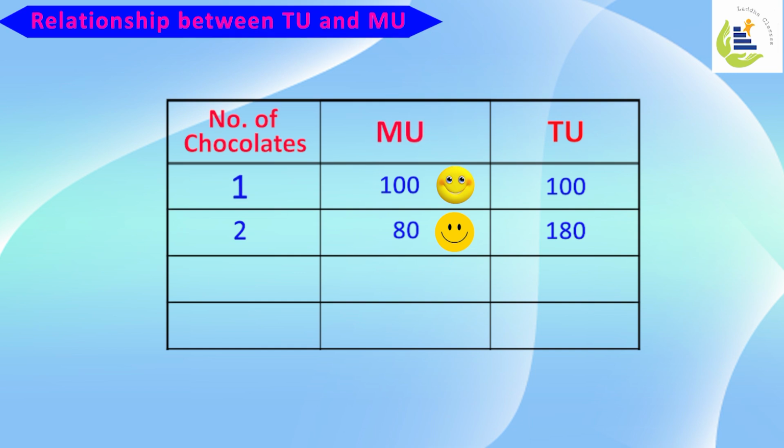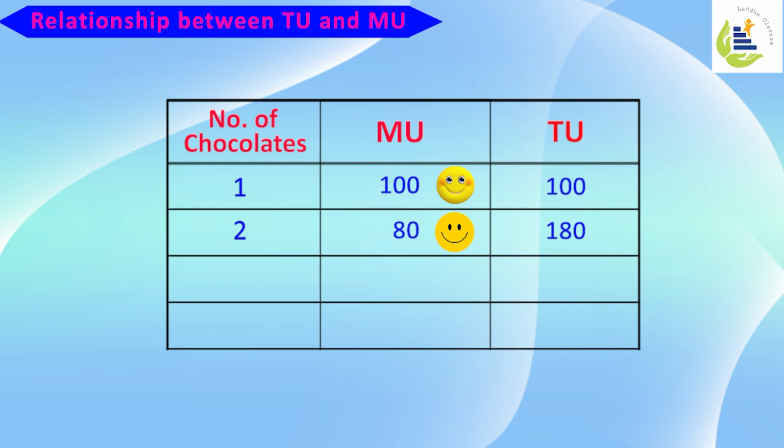For the first chocolate, the satisfaction was 100 units. For the second chocolate, as we went from the first chocolate to the second, the additional unit gave me a marginal advantage, or extra satisfaction, of 80 units. So after consumption of the second chocolate, my total satisfaction became 180 units and my marginal satisfaction was 80 units.